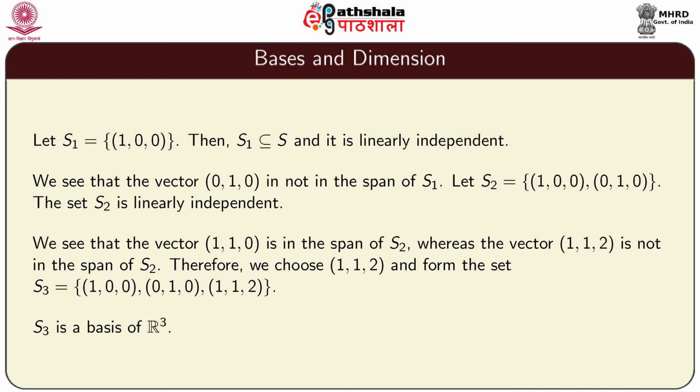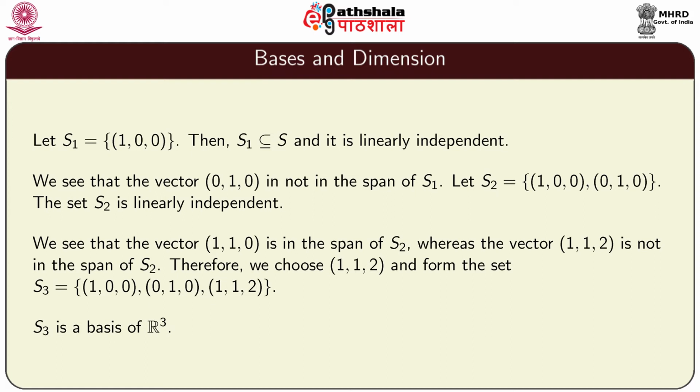Let us take the vector (1,0,0) from S. Call this singleton S1, then S1 is of course a subset of S, and (1,0,0) being a non-zero vector, it is linearly independent.